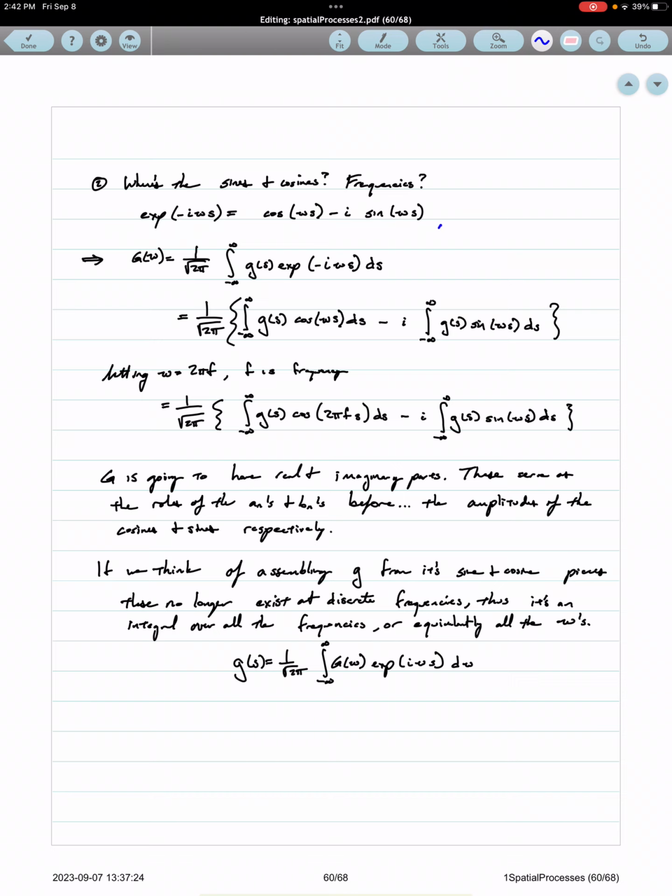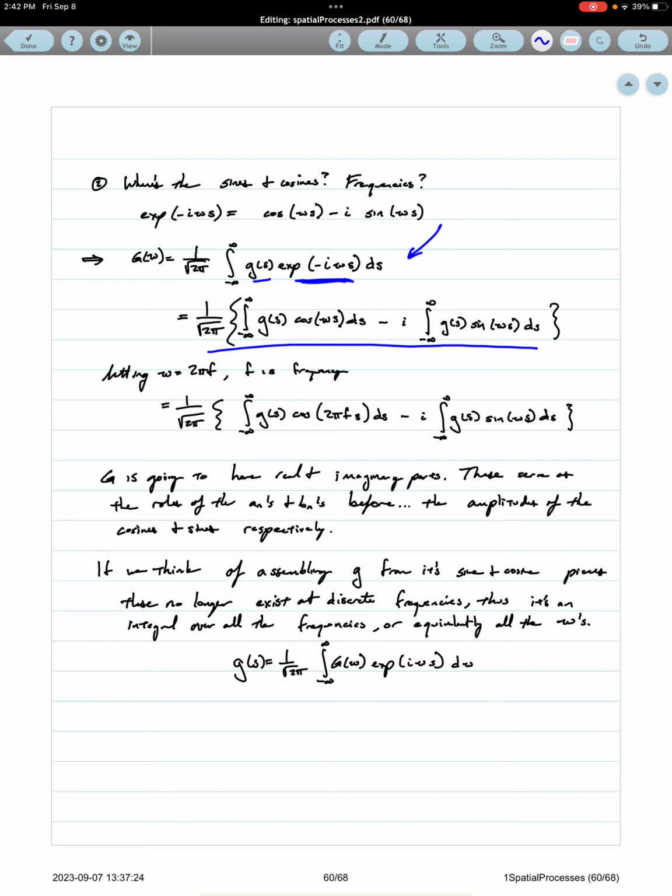Okay, so returning to our definition of transform, we said we're going to transform our original function g of s by integrating with respect to e to the negative i omega s ds, and we can write the exponential expression in terms of sines and cosines, which is what I've done here. I said omega was the frequency, which is not quite correct.